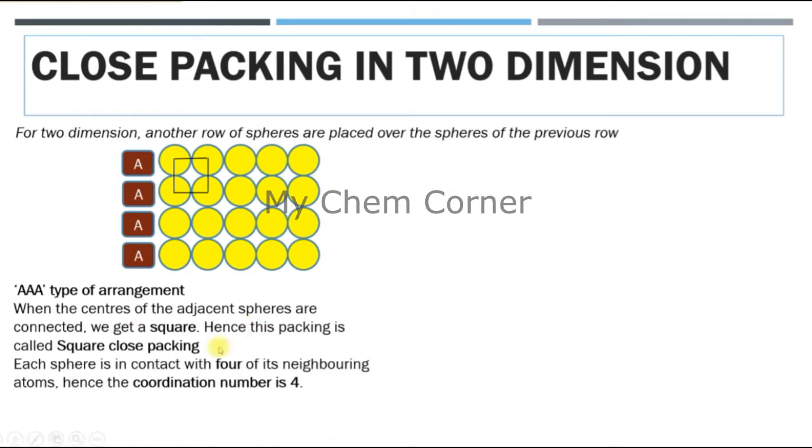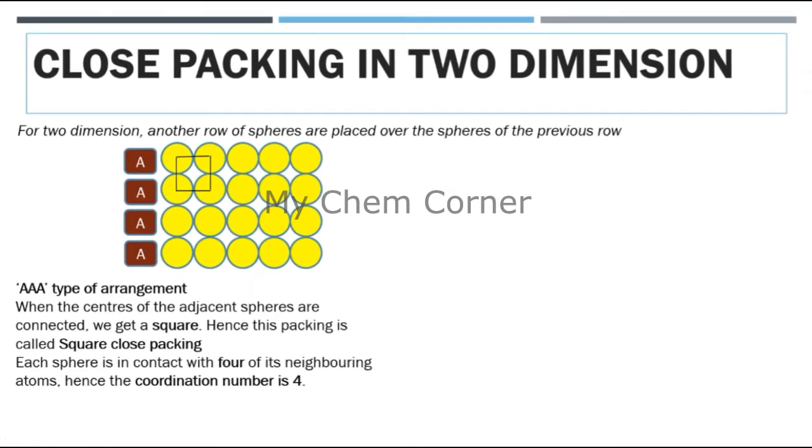Now, if you look at the coordination number of any sphere in this particular type of an arrangement. So in this, if I'm taking for example this particular sphere that is marked on the screen, how many other spheres is it in contact with? This sphere is in contact with one above it, one on the right, one on the left, and one below.